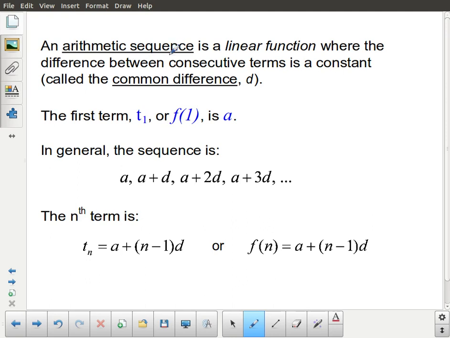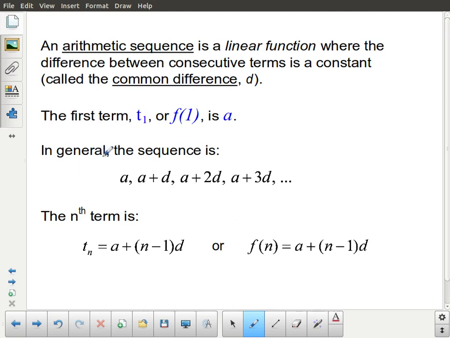The sequence is just a pattern of numbers. An arithmetic sequence is a pattern of numbers where we're going to add or subtract a single number over and over again. And that single number is known as the common difference, which we denote with the symbol D. The first term, which can be t1, or it can be f of 1 if it's the function notation, we give that the symbol a.